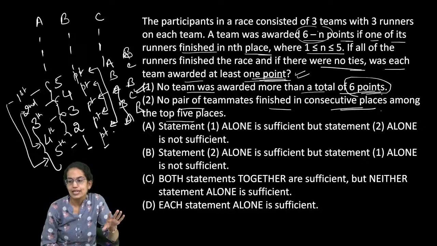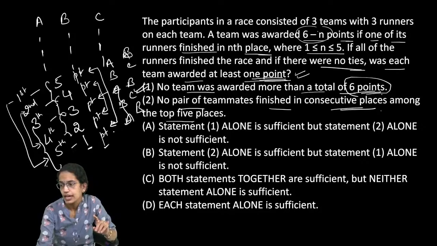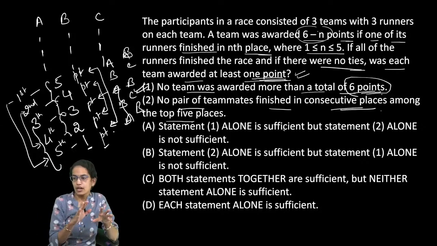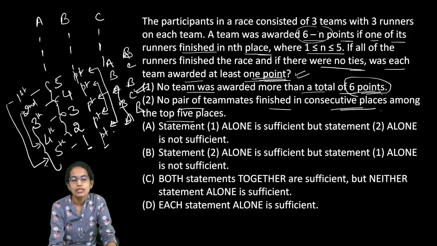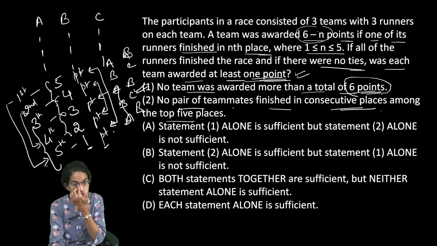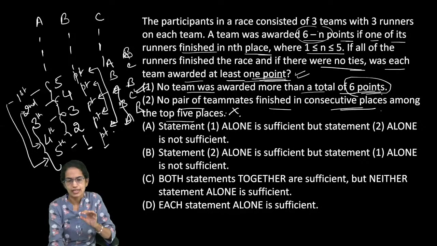In this case, I can create a possibility that one of the cases can be true, but this is not a condition to have at least 1 point awarded. So this is not the condition. It's just one of the possibilities that can be there.